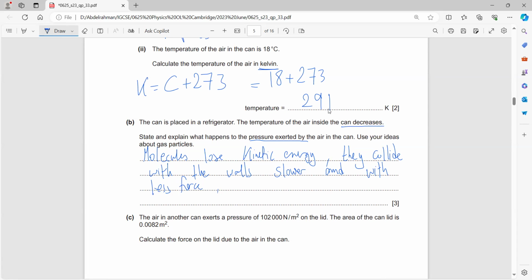We can also say and less frequently. Causing a decrease in the pressure. Causing the pressure to decrease.